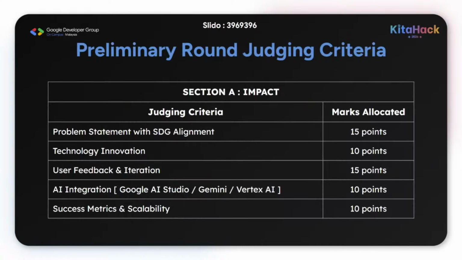For the preliminary round judging criteria, problem statement with SDG alignment will be 15 points, technology innovation 10 points, user feedback and iteration 15 points, AI integration, which includes Google AI Studio, Gemini, Vertex AI, or other AI integration, will be 10 points, and success metrics and scalability will be 10 points.